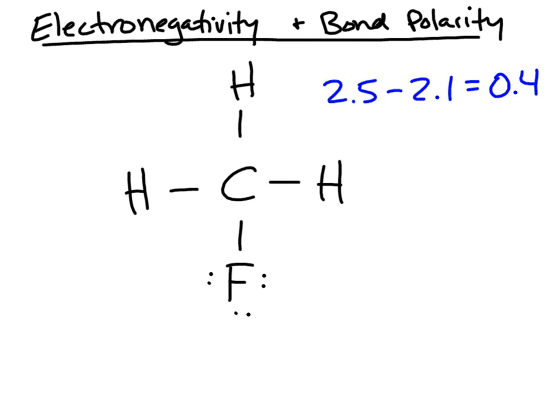But if I look at the 4.0 of fluorine and subtract the 2.5 of carbon, I end up with 1.5, which most definitely is a polar covalent bond between the carbon and the fluorine. And remember, the arrow always points to the higher electronegativity value, in this case fluorine, so I would do that, and that would be my answer. If you have any questions, please ask.